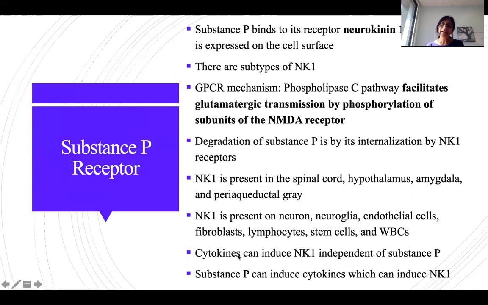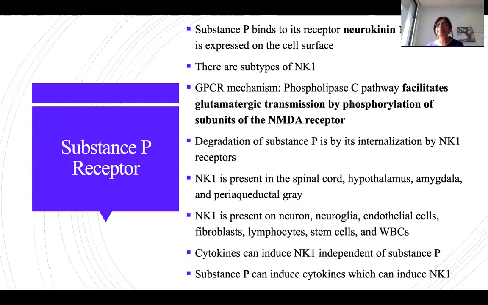And now cytokines can induce NK1 independent of substance P. That means cytokines directly can activate NK1 receptor and bring about the effect almost like substance P. And now I want you to see there, substance P can induce the release of cytokines, which can then induce NK1.